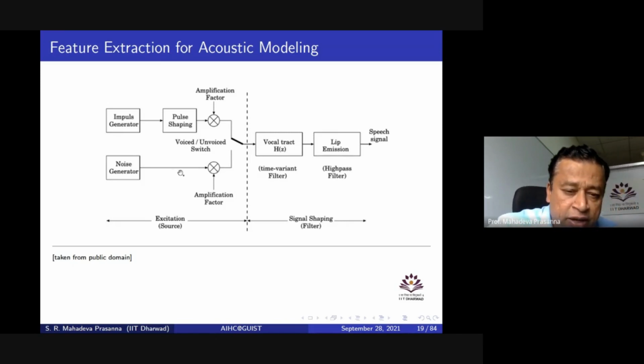For example, if a health condition is affecting the vocal tract information, since I have estimated the vocal tract information using this model-based approach, we can find out how much it deviates compared to the normal vocal tract information. Based on that, they can take a call on the health condition.